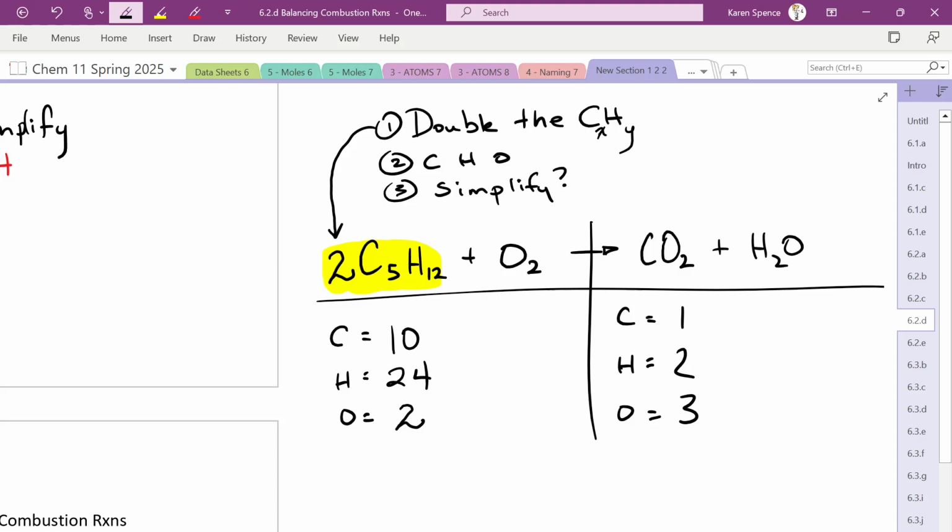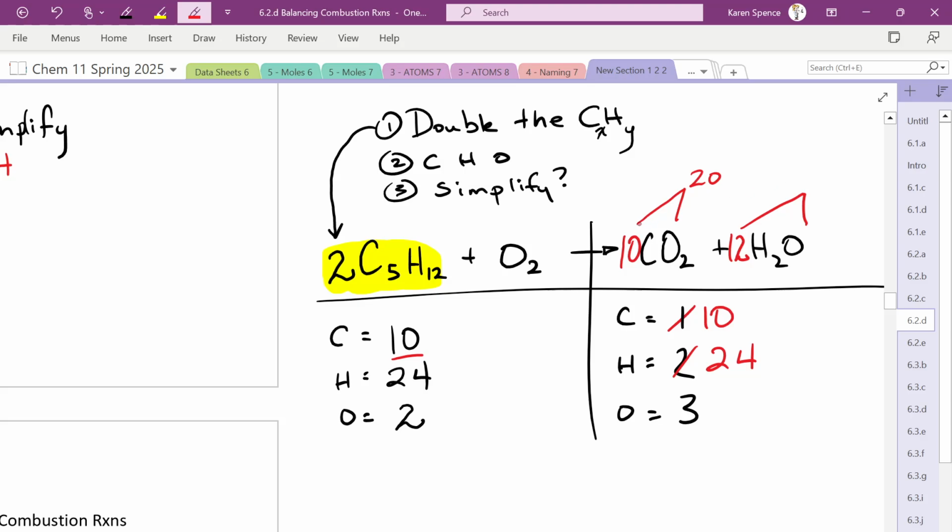Balance carbon first. I need 10 carbon. So I need to put a 10 in front of the CO2. That changes carbon to a 10. I have 24 hydrogen. I've got an H2O. That means if I put a 12 in front of that, I get 24 hydrogen. So those match up. And now we look at our oxygen.